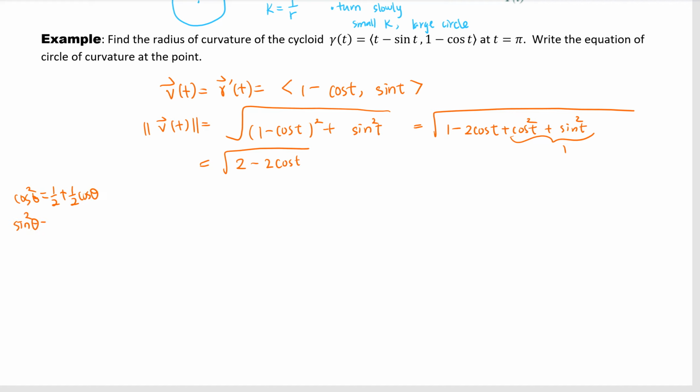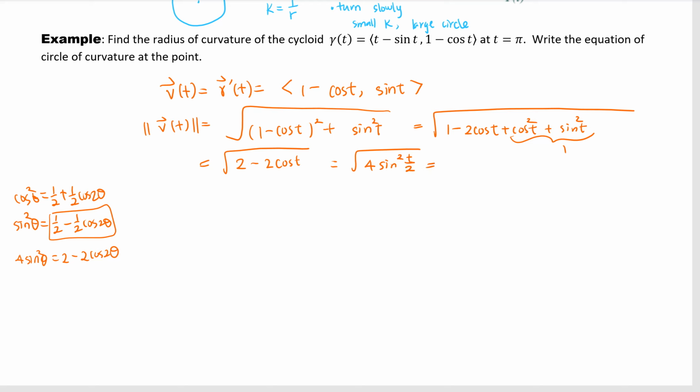Sine squared theta is 1/2 minus 1/2 cosine 2 theta. Here it looks like this guy, right? So we multiply by 4 on both sides, and we let theta be t over 2, right? Then this guy is 4 sine squared of t over 2.